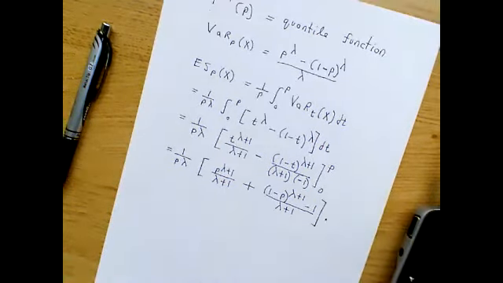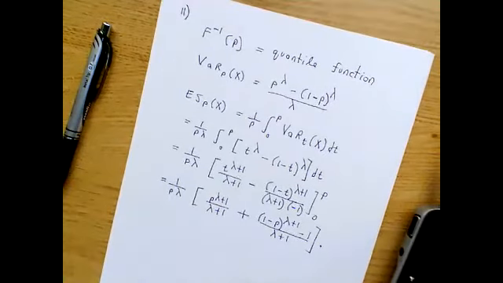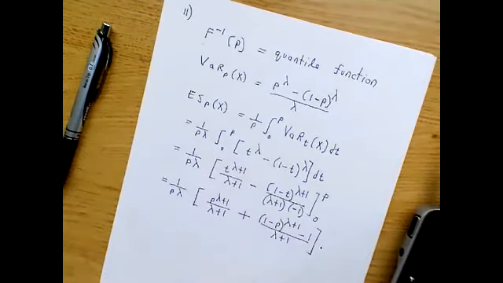Are you okay with this? The question gives you the quantile function, which by definition is also the expression for VaR. So all you need to do is work out the expected shortfall. So that's question 11.